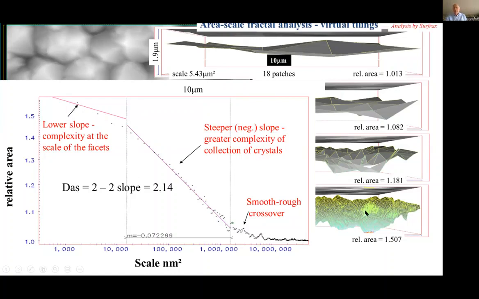This comes from the tiles now being smaller than the facets on the crystals. Here we can see some crystal facets, and now we're tiling on those, and those are relatively smooth. From the point of view of irregularity or complexity, it is related to the slope of these curves. The greater the slope, the greater the complexity, and that's what we're seeing here, or greater irregularity, if you like.